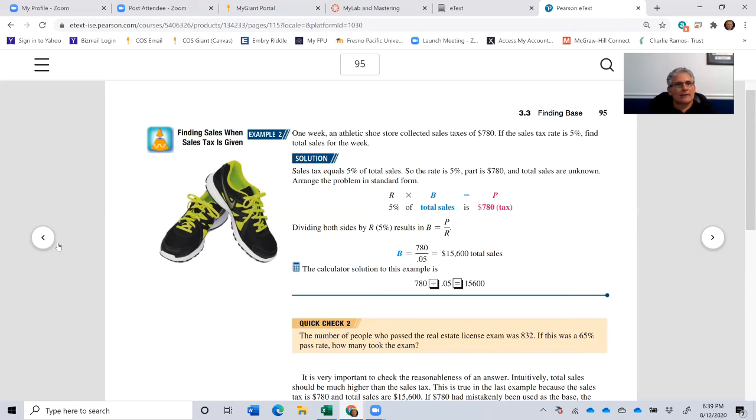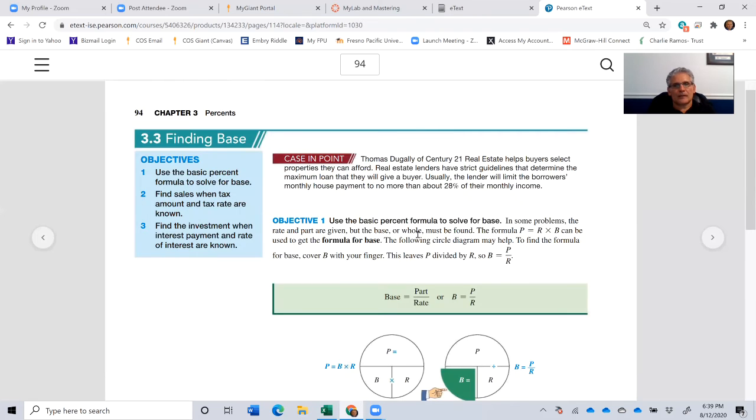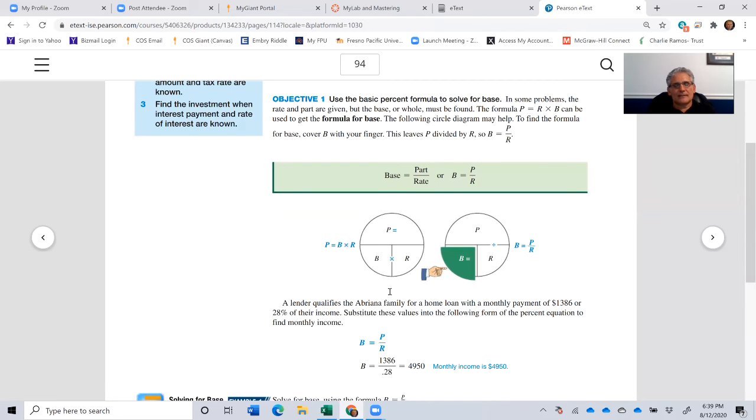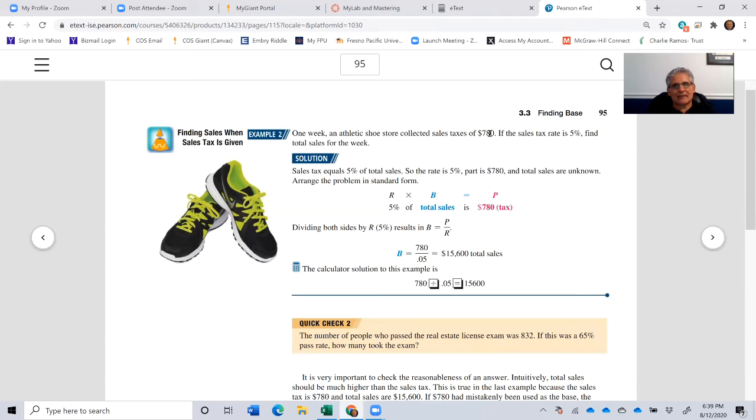Let's go back and say, okay, the formula to find the base is B equals P divided by R, the part divided by the rate. The part is 780 because that's the sales tax amount, and the rate is 0.05. So B equals P divided by R. P is 780 divided by 0.05.